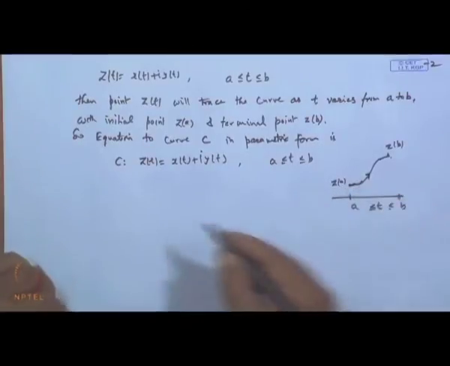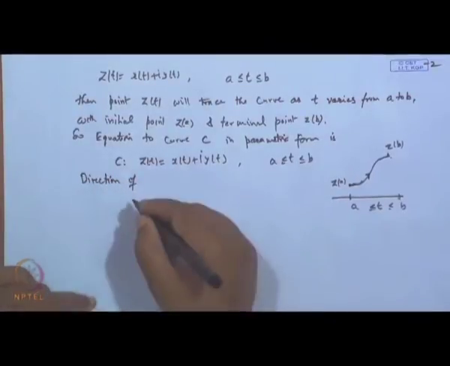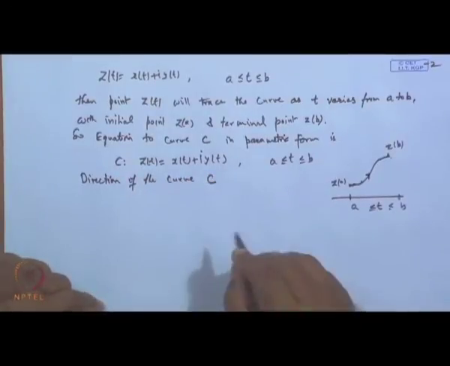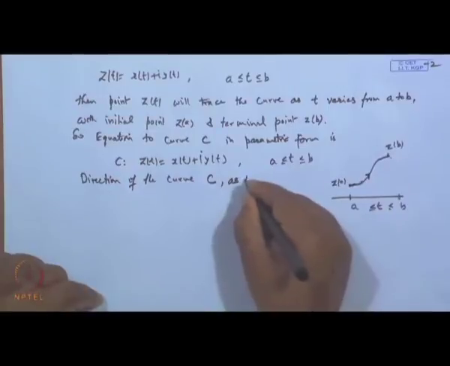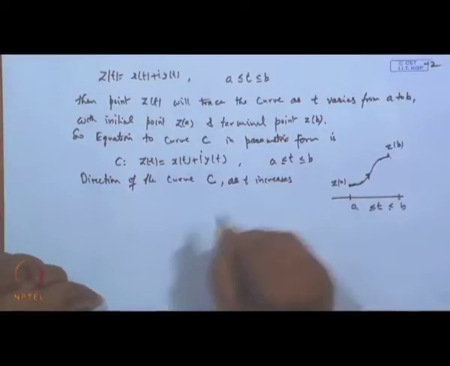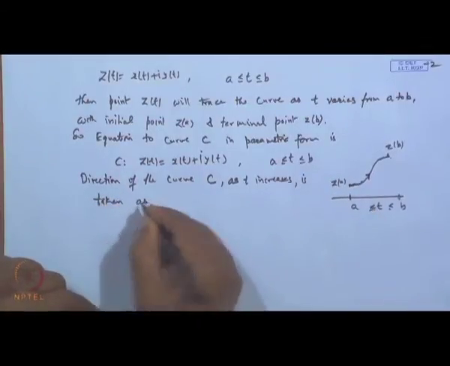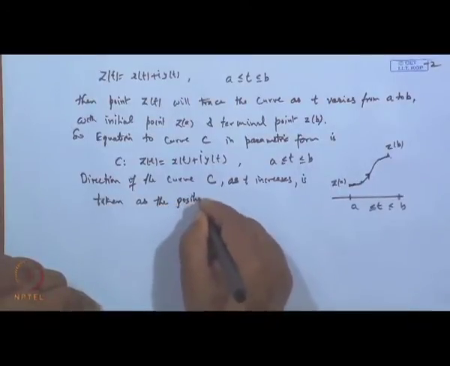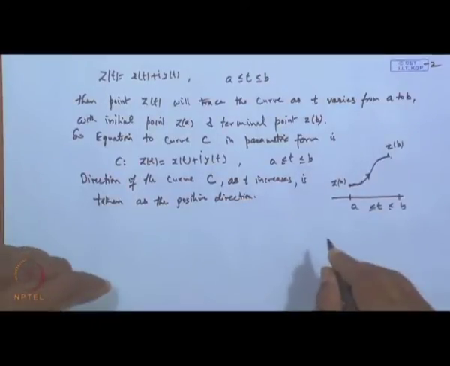So, we take the direction of the curve C as t increases to be the positive direction, and opposite to it will be the negative direction.